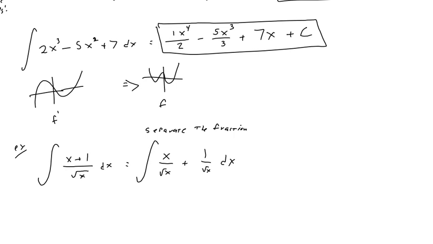We separate this fraction, and now we can do a little simplifying with our exponents. x over square root of x is the same thing as x to the first power over x to the 1/2 power.